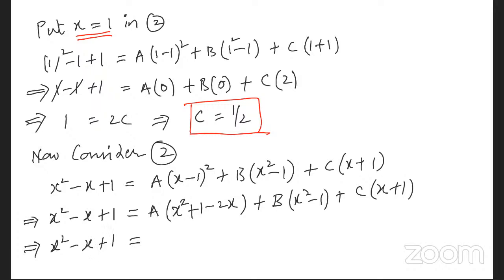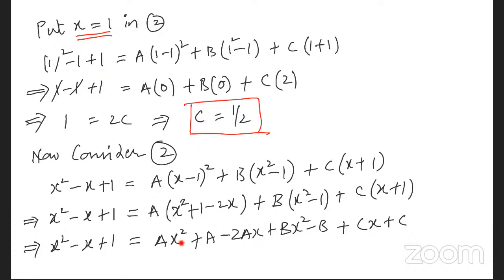So now this implies x square minus x plus 1 is equal to ax square plus a minus 2ax plus bx square minus b plus cx plus c. Now we'll take the x square terms and x terms.